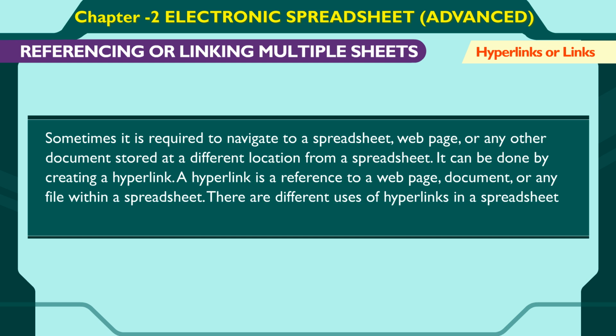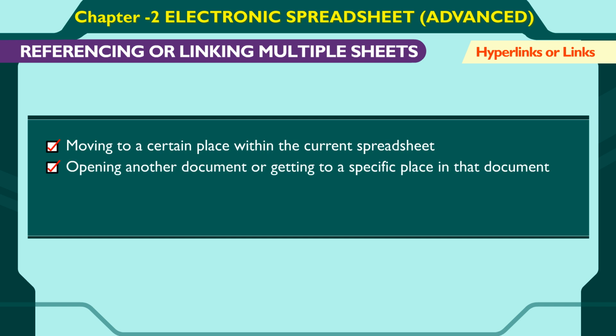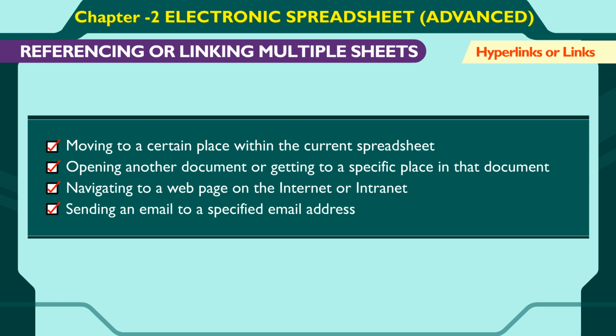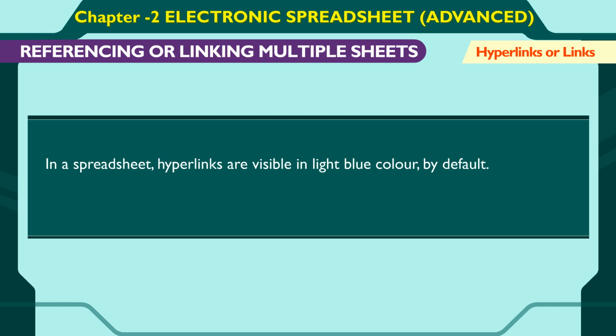There are different uses of hyperlinks in a spreadsheet, including moving to a certain place within the current spreadsheet, opening another document or getting to a specific place in that document, navigating to a web page on the internet or intranet, sending an email to a specified email address. In a spreadsheet, hyperlinks are visible in light blue color by default.